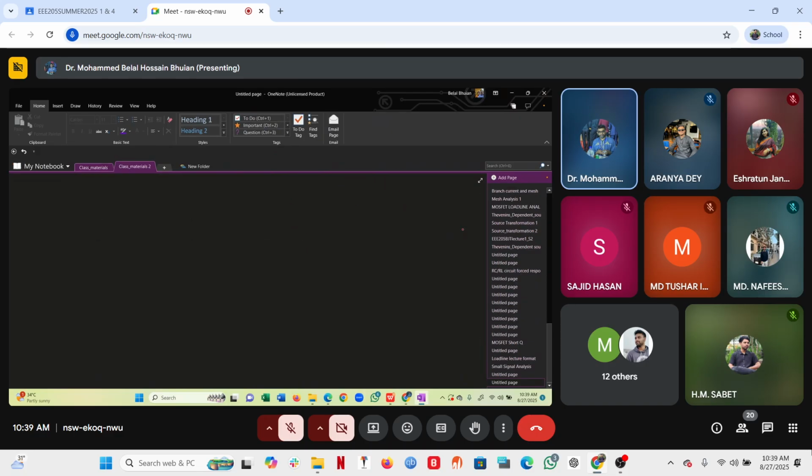So what are the steps? Capacitors are the same steps: capacitor shorted, DC sources turned off. Okay. So let's do this.